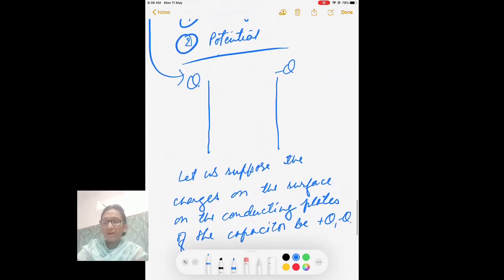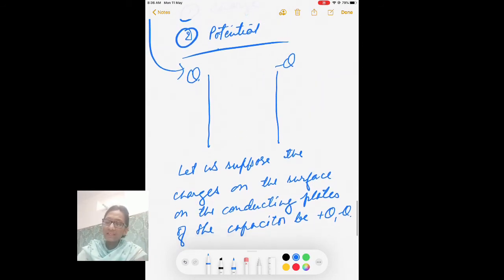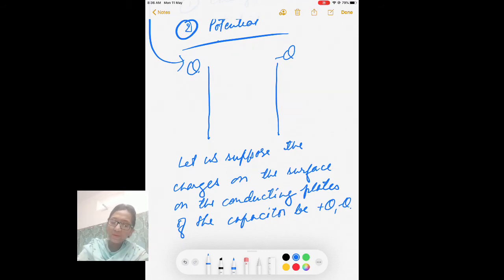Okay, so the electric field inside the two plates, for the positive plate, will be directed outwardly, and for the negative plate you will find the direction of the electric field will be perpendicular and towards the plate. So the two fields are along the same direction. The electric field due to the positive charge let it be E1, and the electric field due to the negative charge in this figure let it be E2.